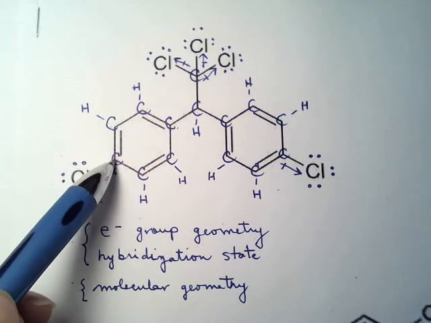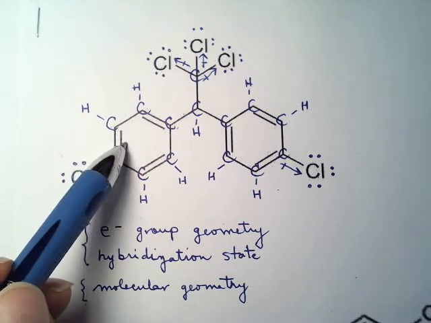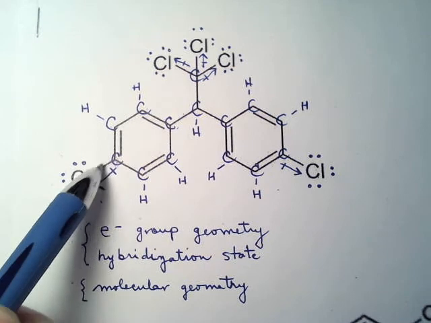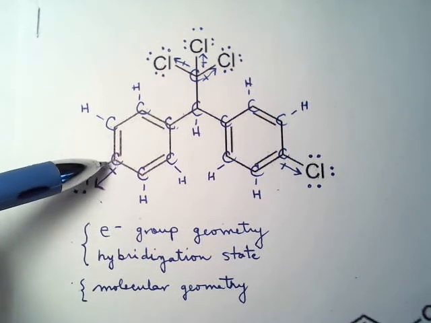So starting with this carbon, the electron group geometry, 1, 2, 3. Remember, count multiple bonds effectively as 1 because it's based on how they repel, and these guys don't split apart. So electron group geometry here is 3, so therefore trigonal planar, and the hybridization state for a need of 3 would be sp2.